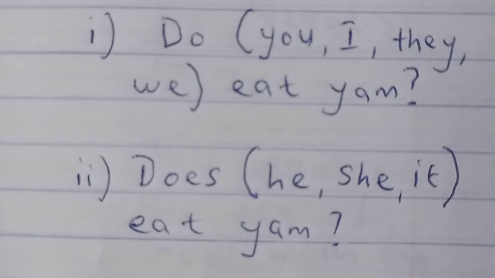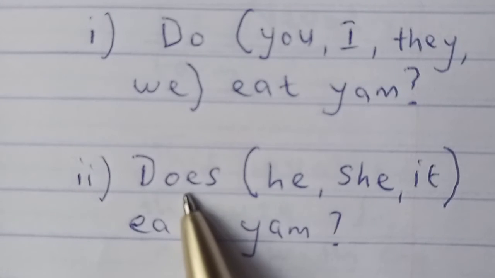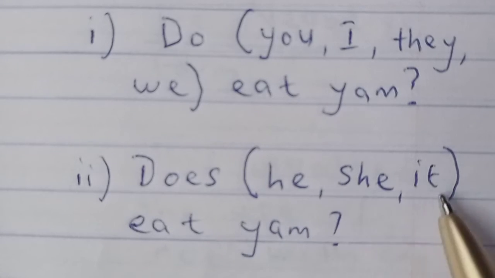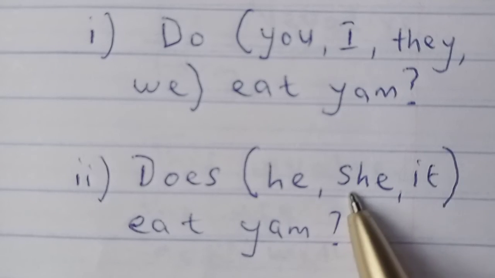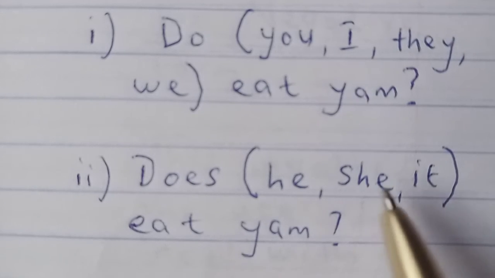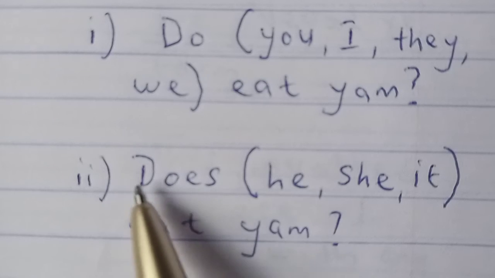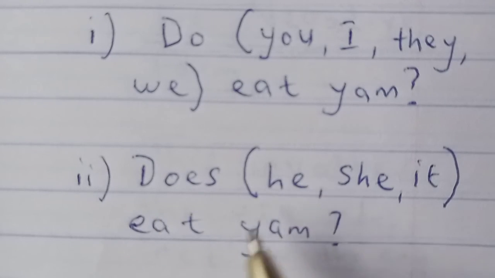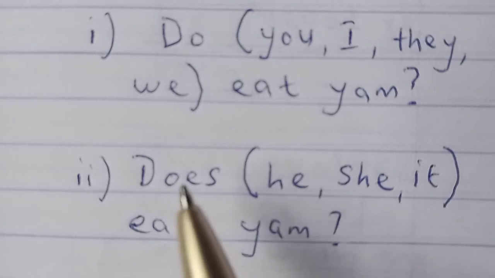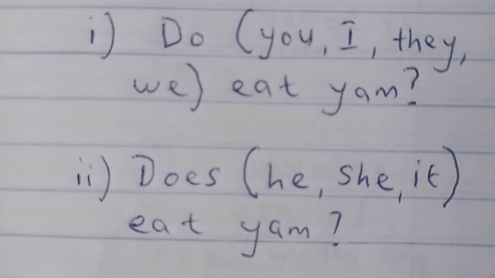All right, another example. Now, does goes with singular subjects. Okay, so he is singular, she is singular, and it is singular. And that's why we use does here. So we cannot use do he or do she or do it. No, that will be grammatically incorrect.